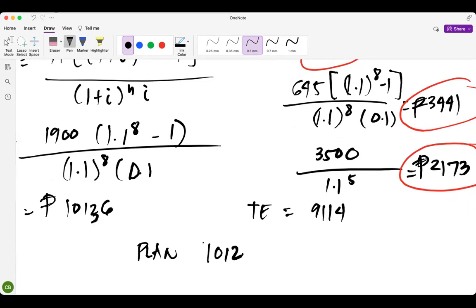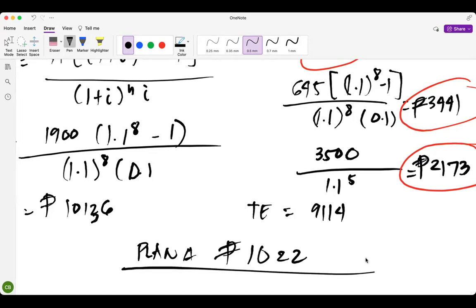So we will have plan A, a profit of 1,022 pesos. Sorry, you just recompute this one. So it's 10,136, and so we will have a profit of 1,022 for plan A.